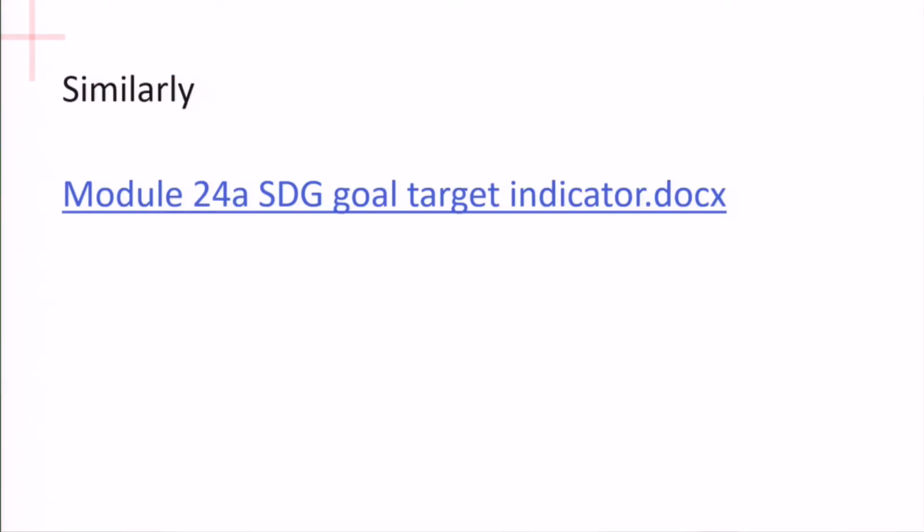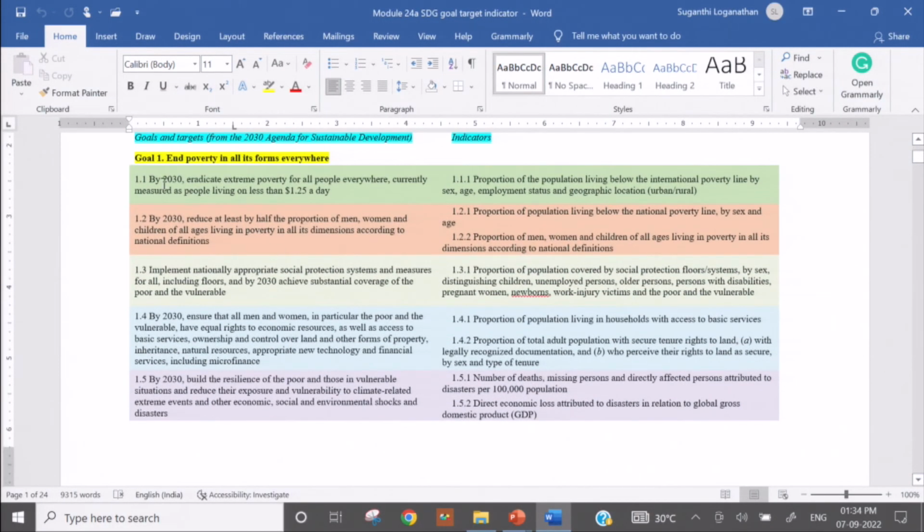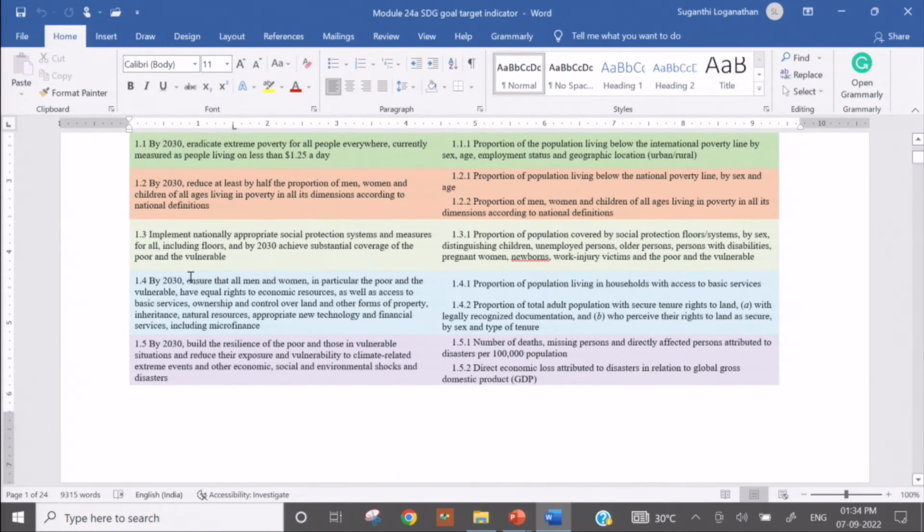Similarly, as already presented in the document, I have now presented for goal 1 all the 5 targets and the indicators for each of these targets, and for each of these targets a detailed methodology is available on how to calculate. As I have already stated, if it is a tier 1 indicator, the methodology is clearly specified.